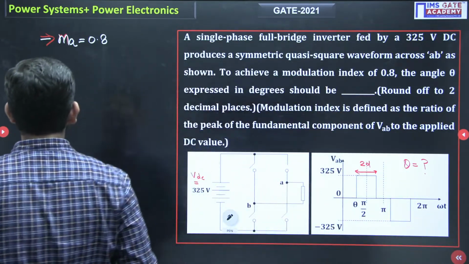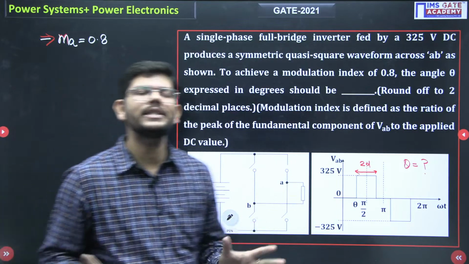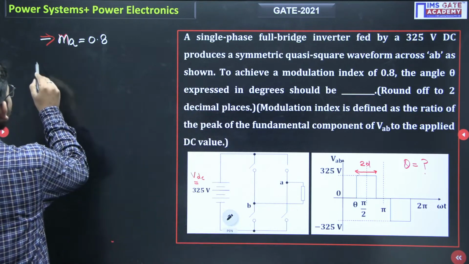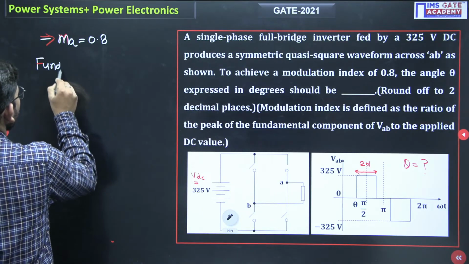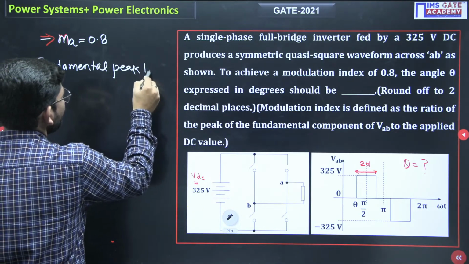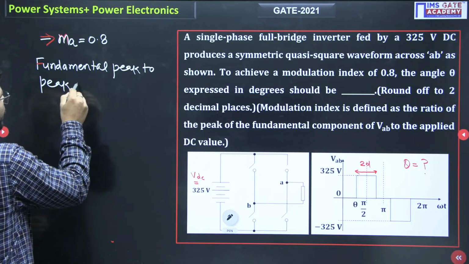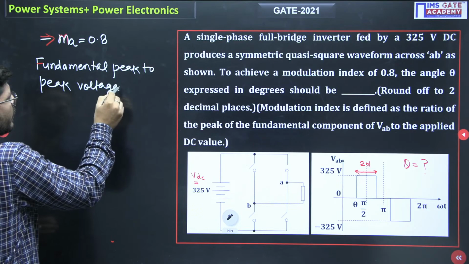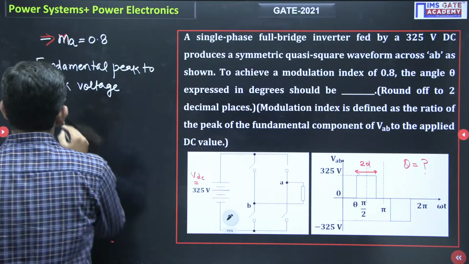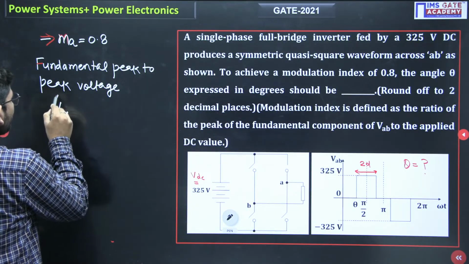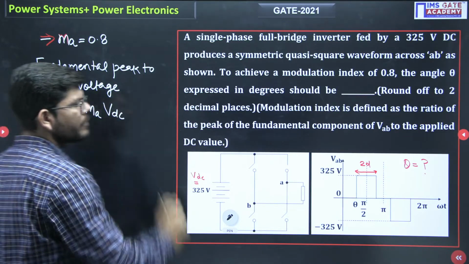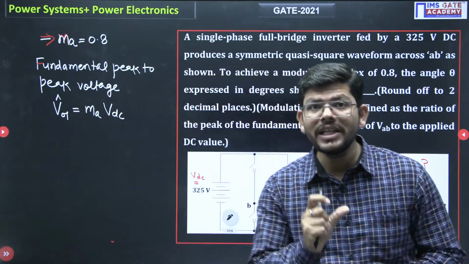So let's see what we will be doing here. First of all, just go with the given data. If modulation index is given, we have to apply the formula of fundamental voltage. Fundamental peak to peak voltage for the inverter will be equal to MA, the modulation index, times the DC voltage.